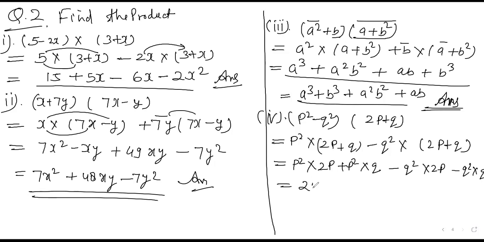So this will give you 2p cube, this will give you p square q, and this will give you 2 times p q square, and this will give you q cube.